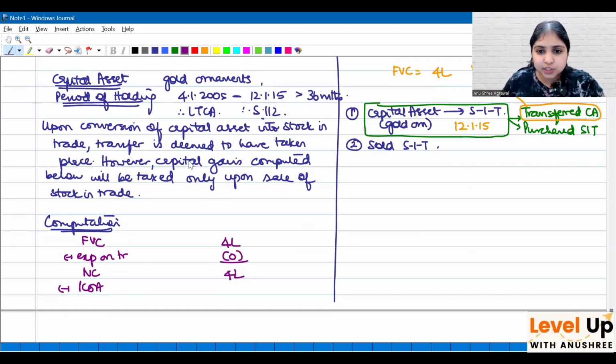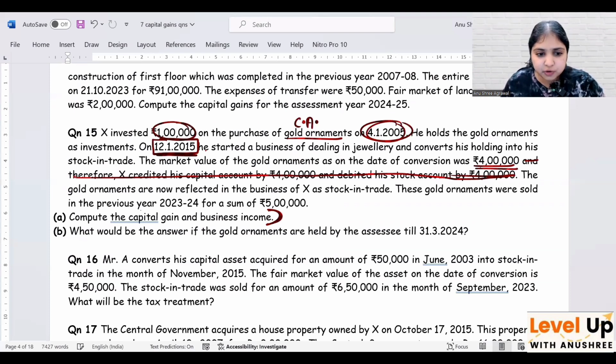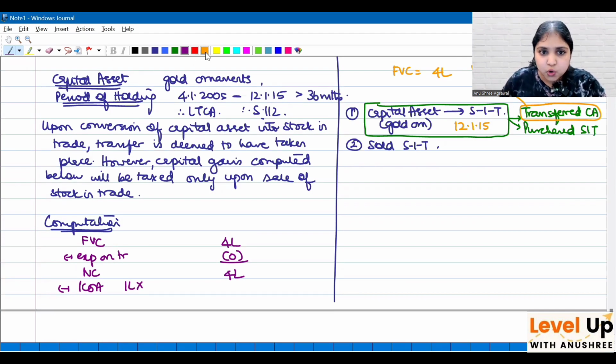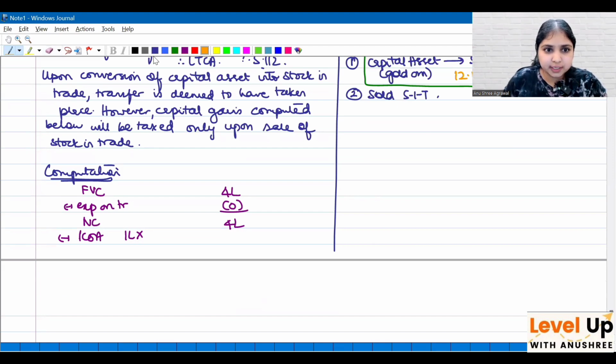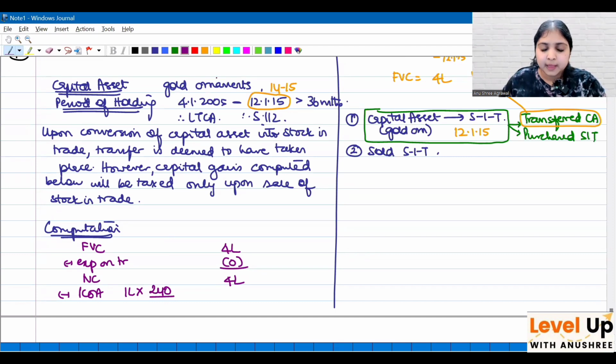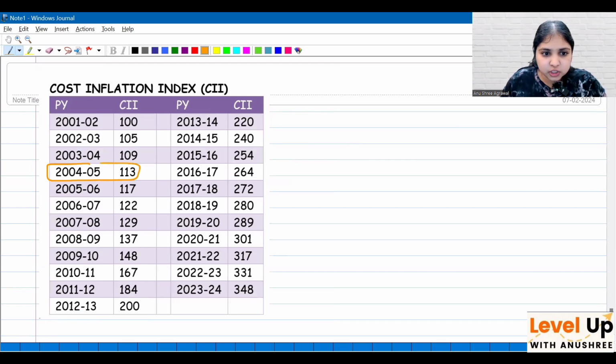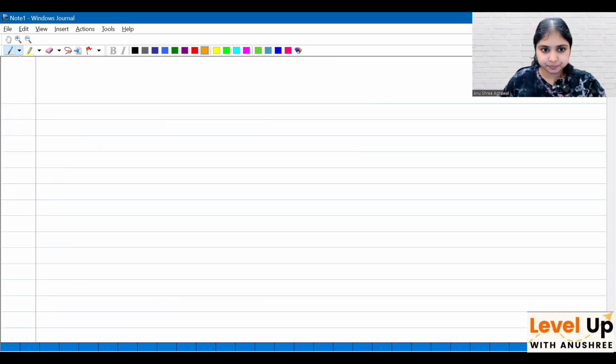So what is the cost of acquisition? Long back we had purchased it for 1 lakh rupees. 1 lakh into what is the year of transfer? See right here, what is the year of transfer? 1415, right? So 1415, what is the indexation? 240. 1415 indexation is 240 divided by what is the year of acquisition? The year of acquisition is 2004-5. 2004-5, see the indexation? 113.